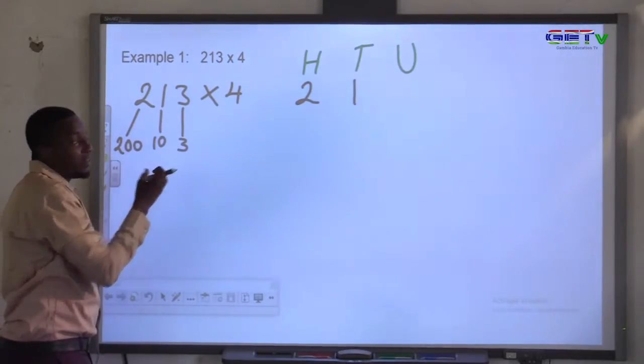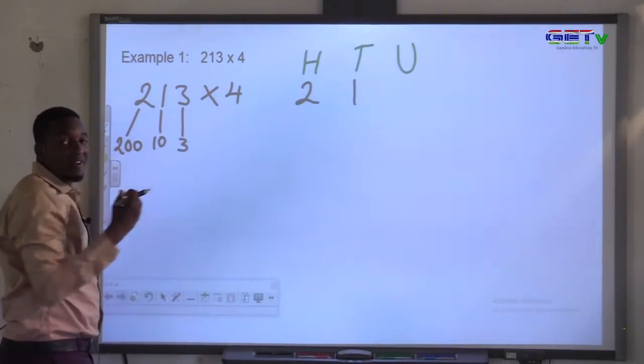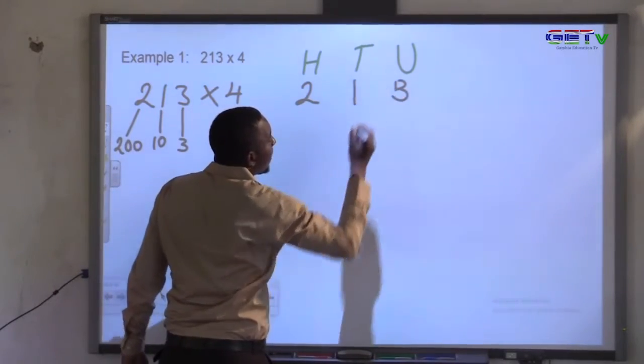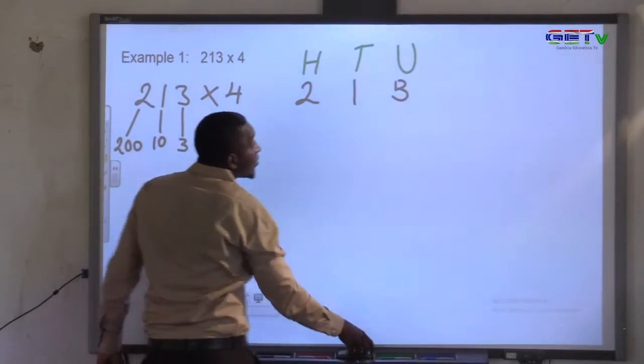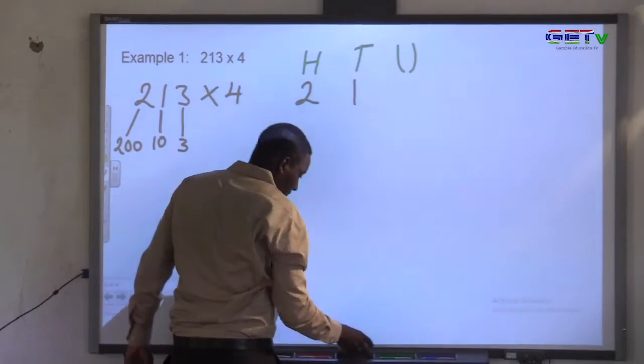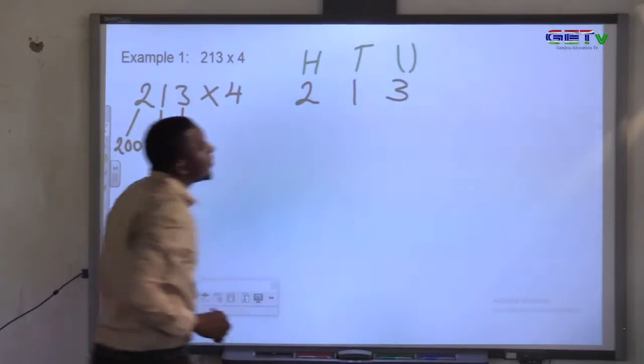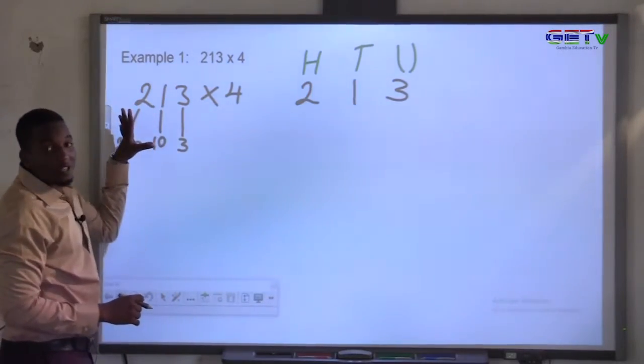So its value is 3 and its place value is unit. So we are going to put 3 under the unit column. So let me rewrite that. We are done with the first number.